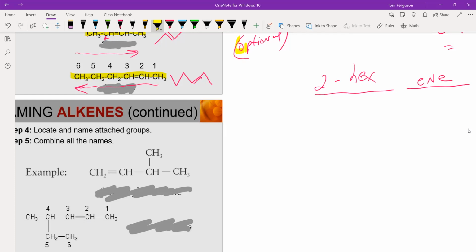So for example, we could not have a backbone like that, even if it was longer than the other one, because it doesn't include the functional group. So we can go like this, or like that. So let's go with the yellow. Okay, so that's a 4 carbon backbone.